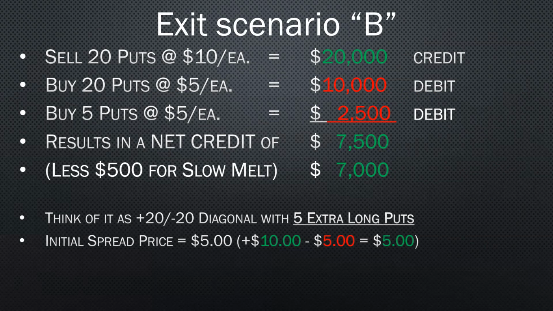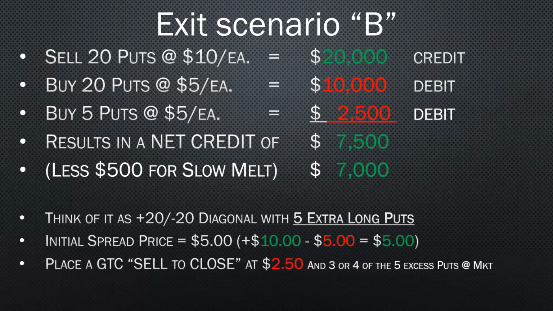Once you're out of this trade, you would want to have that extra protection. If you don't think that threat is a high probability, then you would want to go with scenario A. This one gives you those extra long puts. So we're going to sell 20. We're going to have a net buy of 25, but we're going to hold on to those extra 5, or at least some of those extra 5.